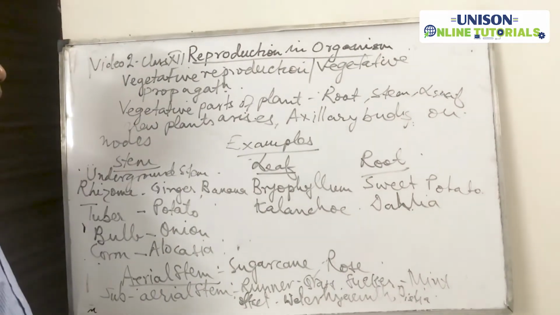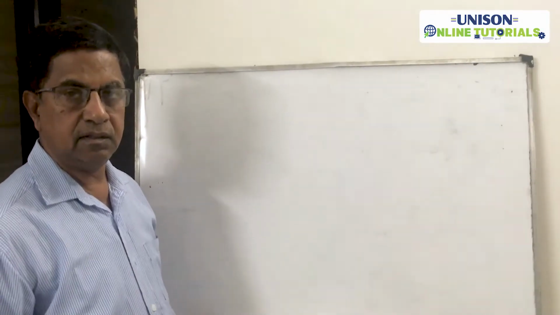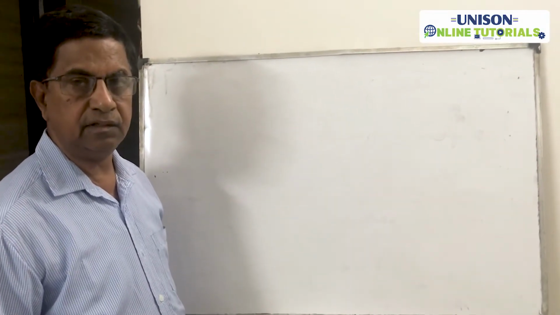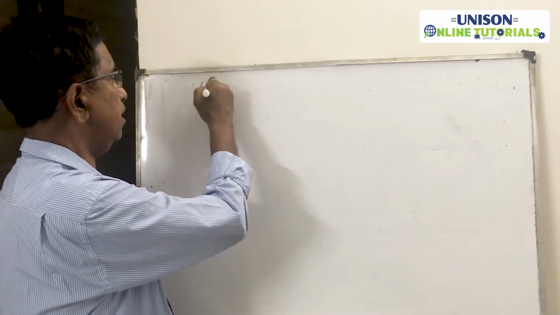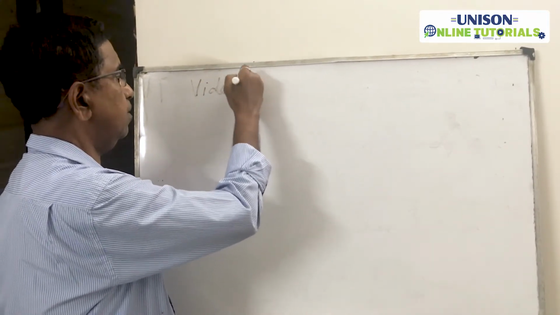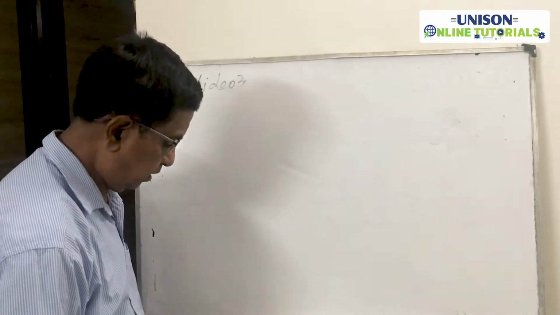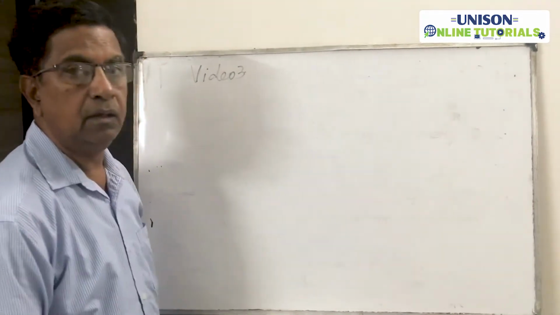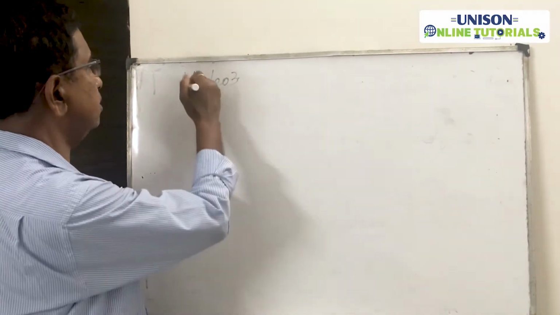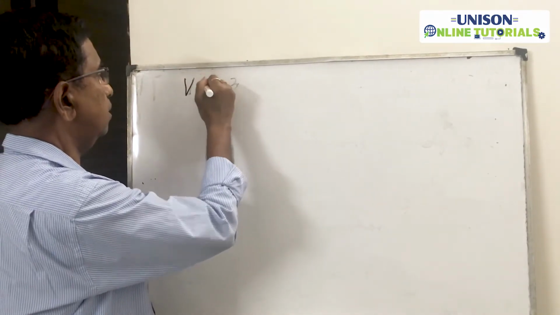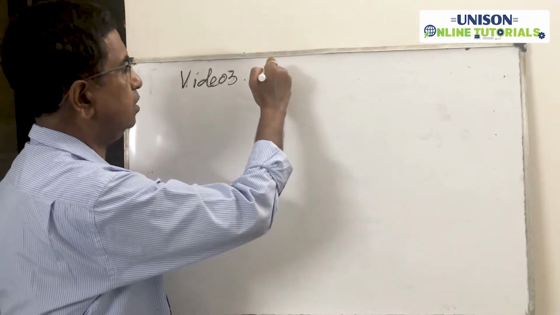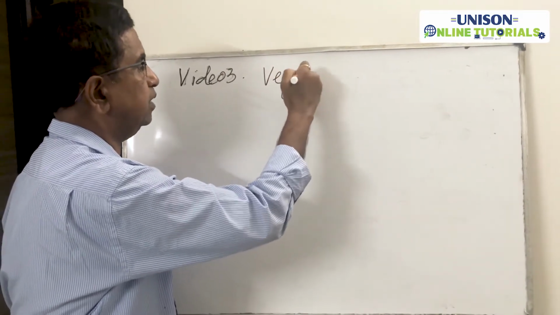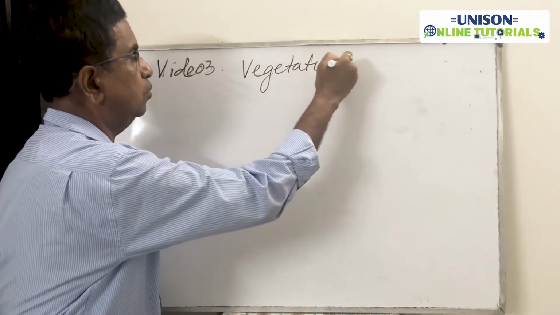Now we will come to the chapter Reproduction in Organism, and this is video 3. In this video, we will be discussing some important topics of vegetative reproduction, and that is vegetative propagation. What is vegetative propagation?